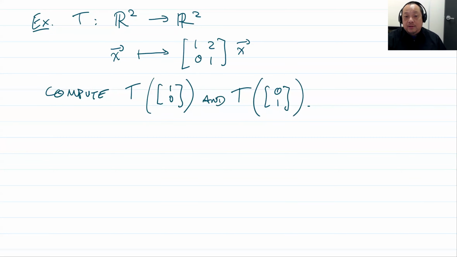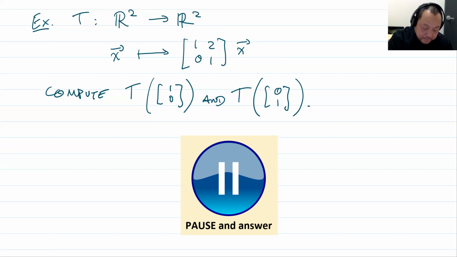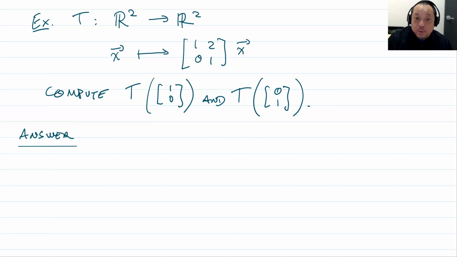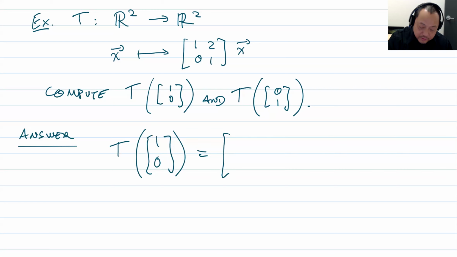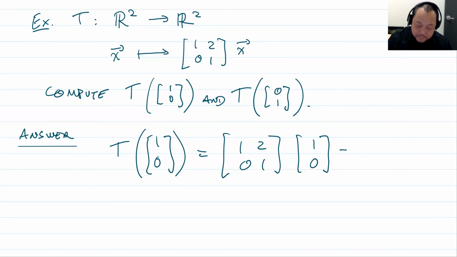Go ahead and compute that. This is just straight matrix multiplication. So press pause and compute. Come back when you're done. Welcome back. T of the x unit vector is equal to this matrix times the vector 1, 0. 1 times 1 plus 2 times 0 is 1.